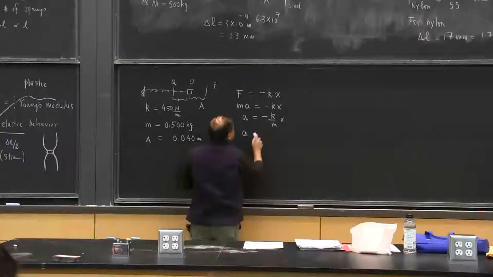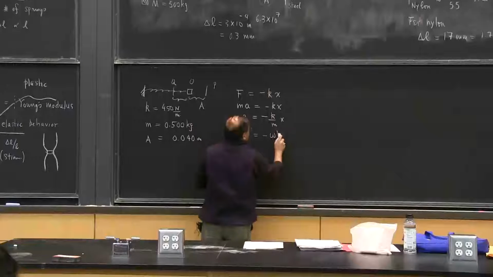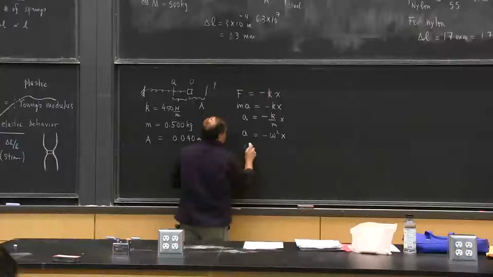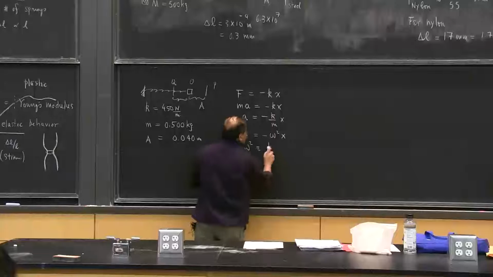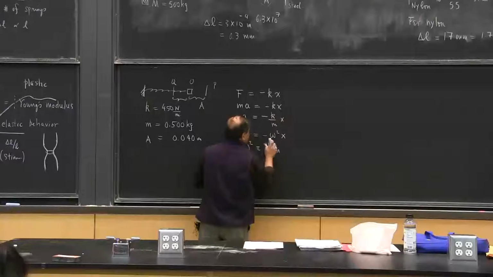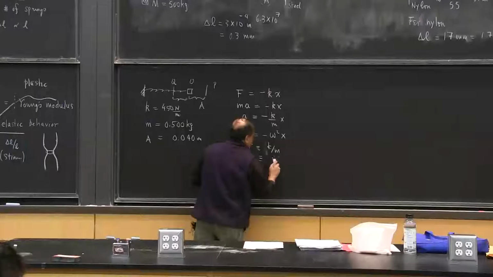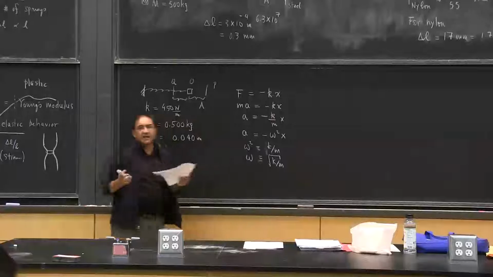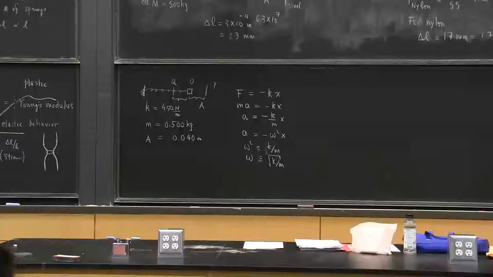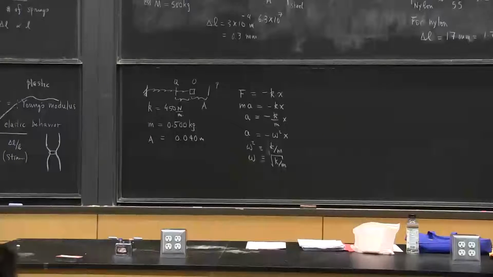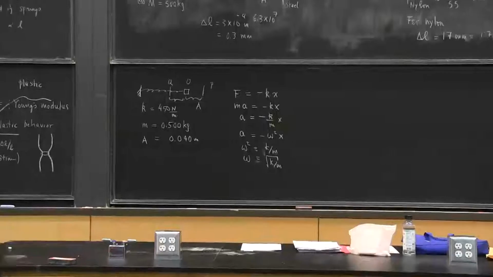And last time we wrote this as minus omega squared x, where omega squared is defined as k over m. And omega is defined, therefore, as the square root of k over m. That's the angular frequency. This stuff should come out of your brain spontaneously the moment you see a spring.